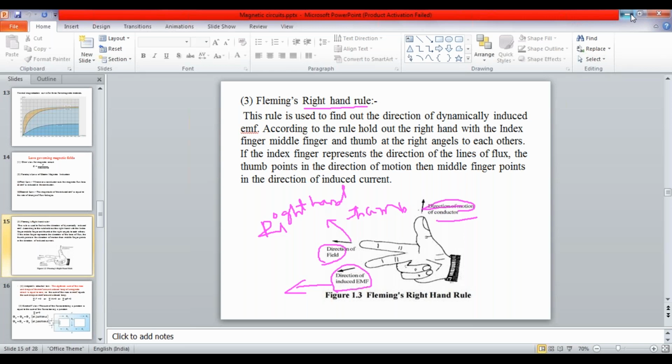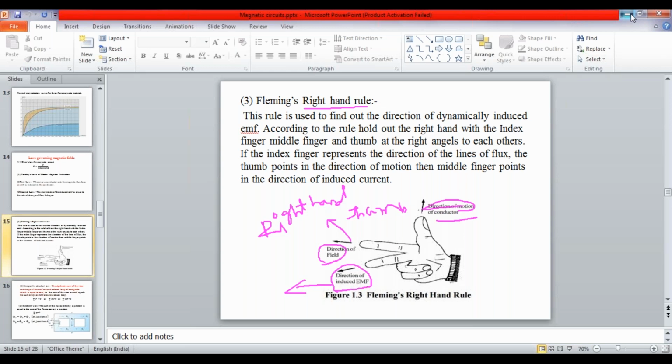So this is the direction of the current carrying conductor, the conductor which is carrying a current of I. Now if you hold this conductor such that the thumb is pointing towards the direction of the current, then the folded fingers will be indicating the direction of the magnetic field flux lines phi, right?